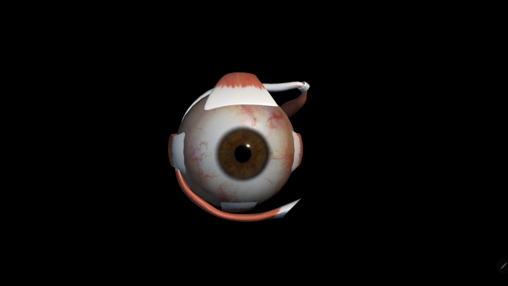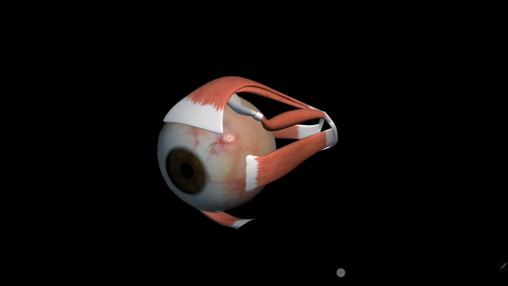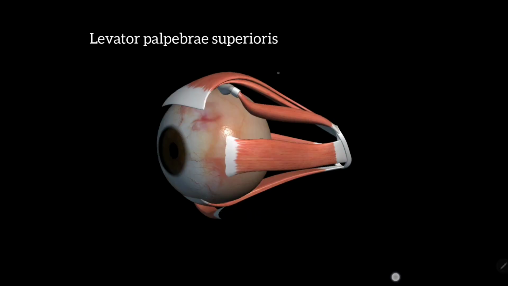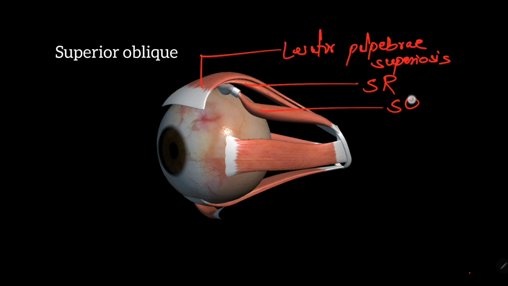You can very clearly see in this video all the muscles are visible. This one is levator palpebrae superioris. Below this is superior rectus. Just below this is superior oblique.